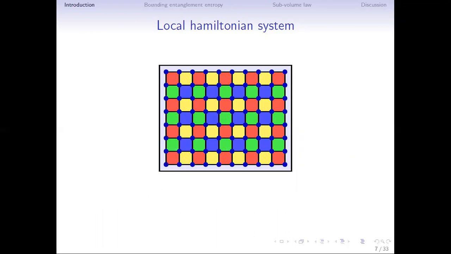Once we collect all these interactions, what we get is the Hamiltonian of the system, which is a sum over all these plaquette interactions added all of them together.